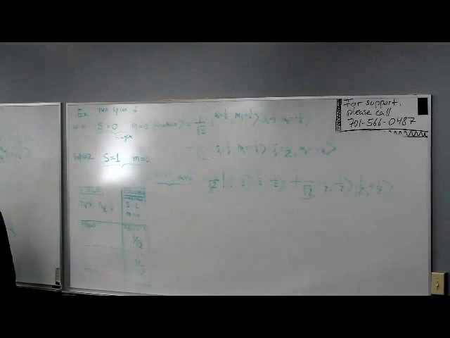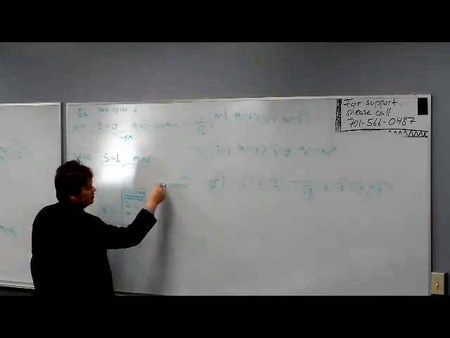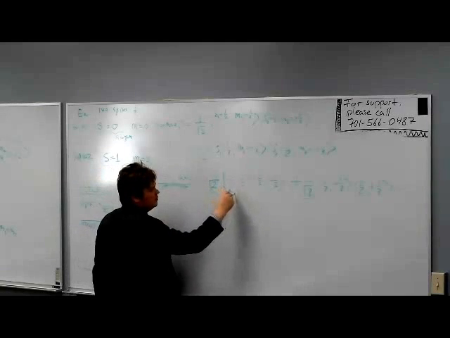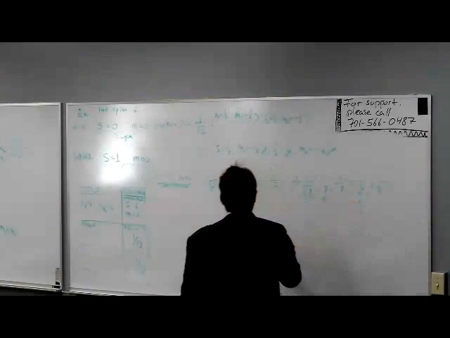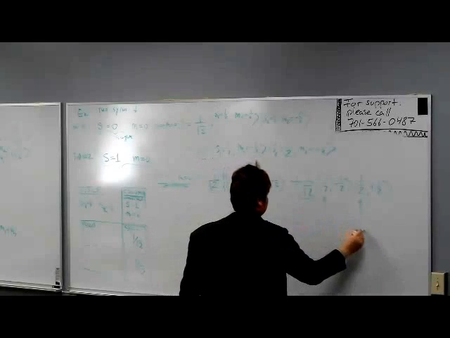Okay? So we are done with this part, and we are done with the values of the total spin for systems 1 and 2.